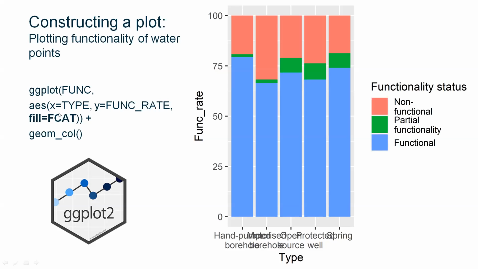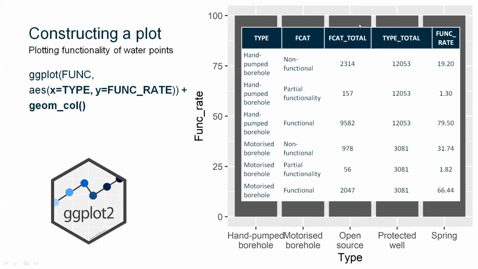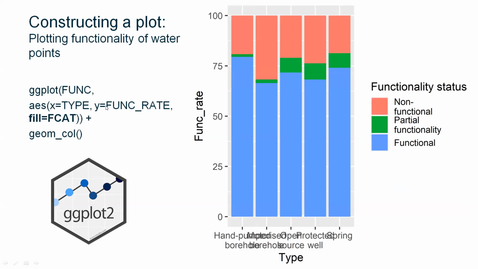We say we want the color or the fill of the bars to be based on our functionality category. And then ggplot assigns a color to each of the different functionality categories: non-functional, partially functional, fully functional. And the rest of the code is the same. You can see it's a wee bit messy, and I'll show you how we can tidy some of that up in a minute.